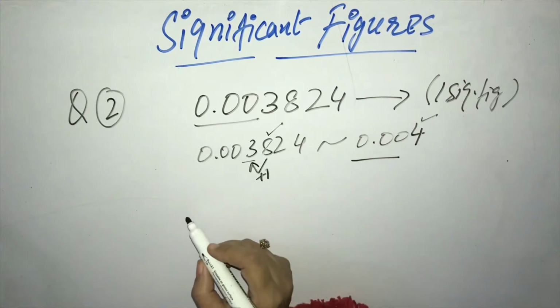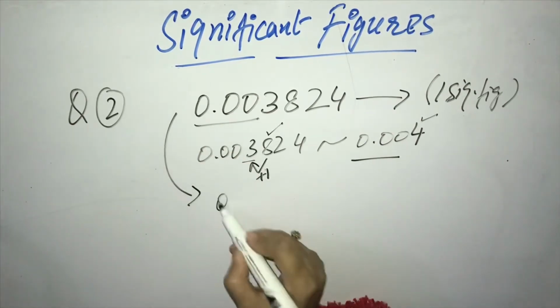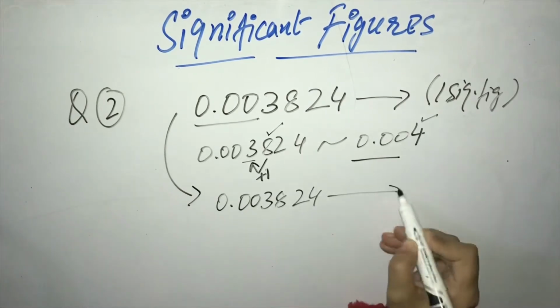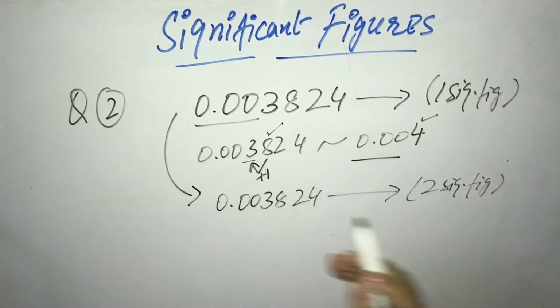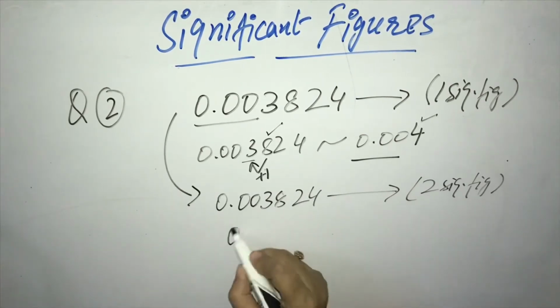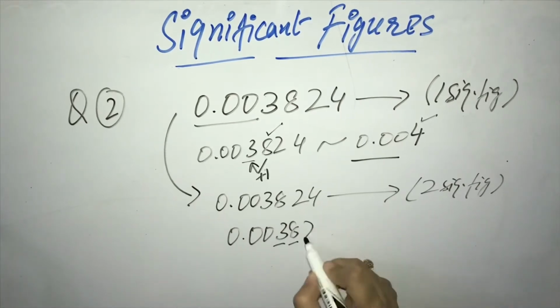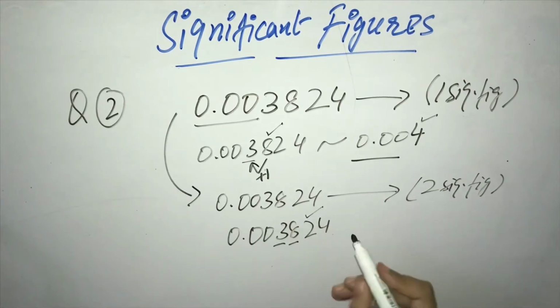Right now this number has three decimal places, but there is only one significant figure in this answer. If I have to convert the same number to two significant figures, I shall select the first two non-zero numbers and check the third one.